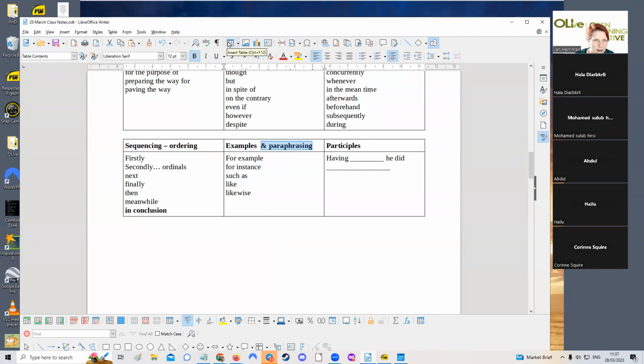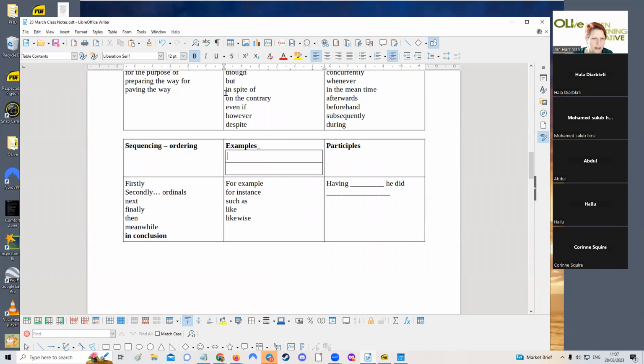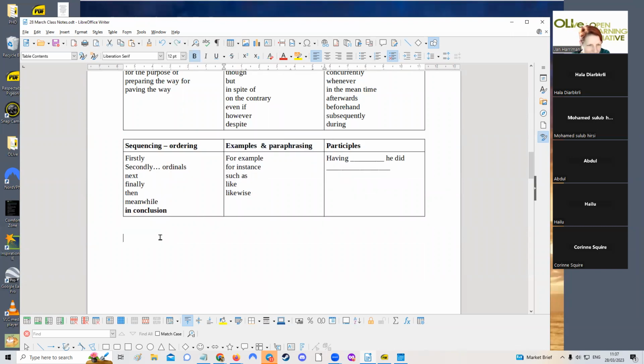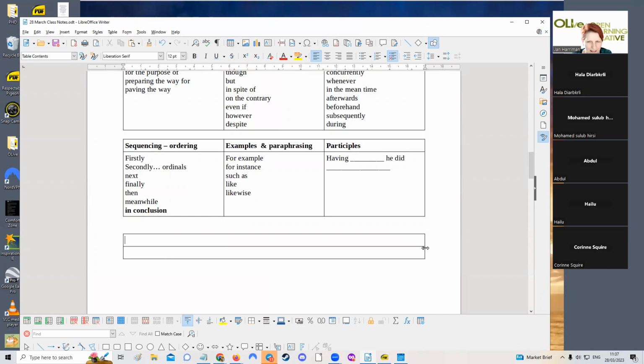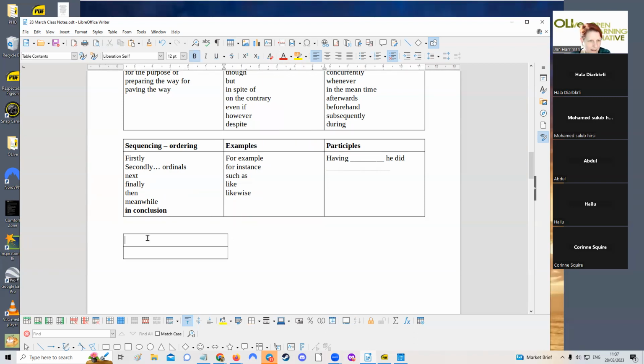Technically, they're two. I thought I could group them together. Let's put the cursor in the right place before we add that box. There we go. I'm just going to take this out and put paraphrasing down here on its own.